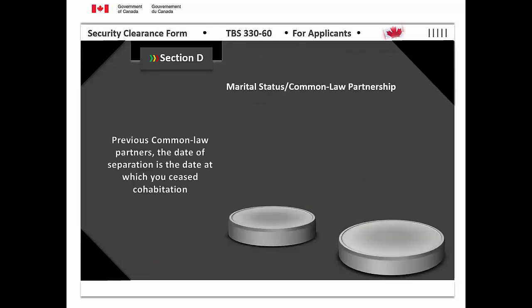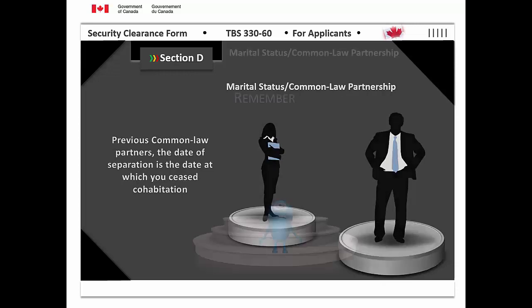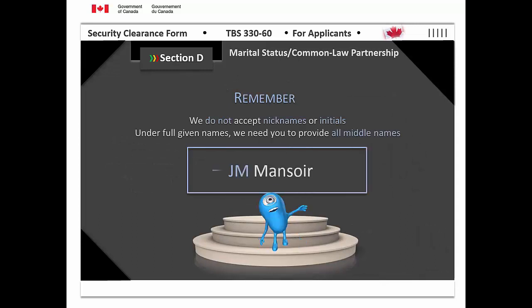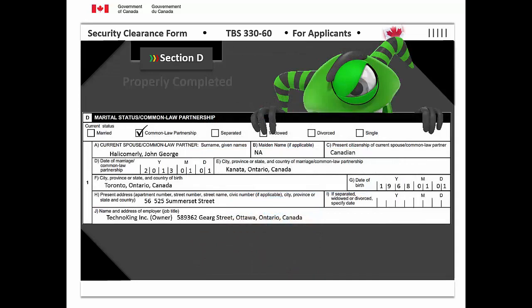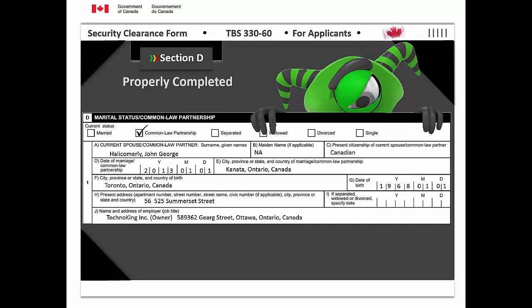For previous common law partners, the date of separation is the date at which you ceased cohabitation. Remember, we do not accept nicknames or initials. Under full given names, we need you to provide all middle names. Here is an example of Section D, properly completed.